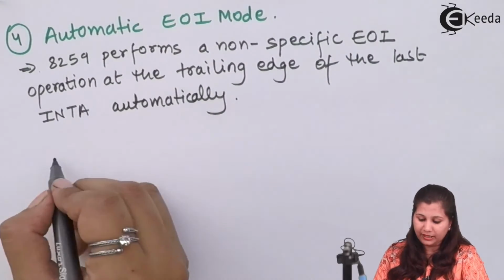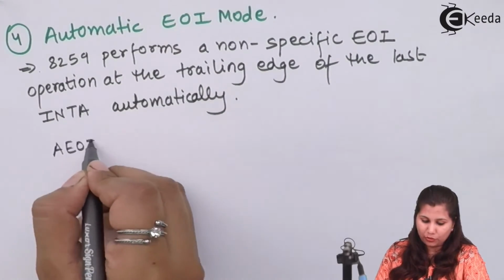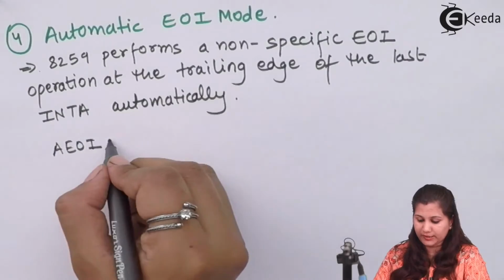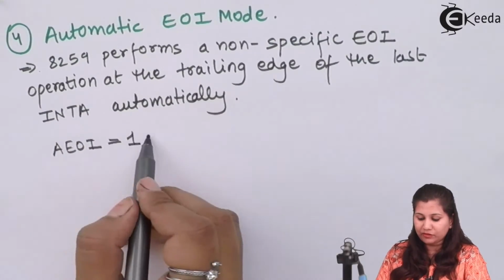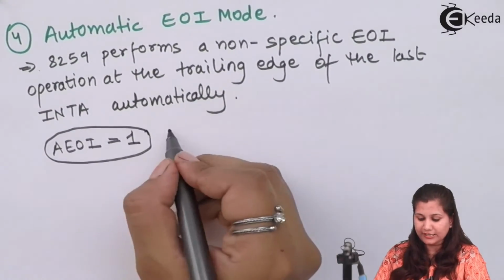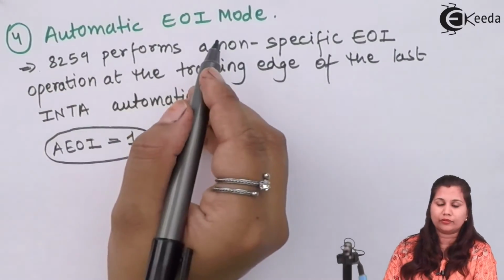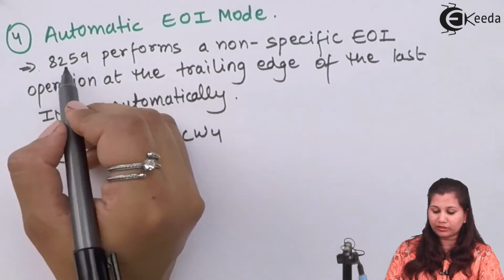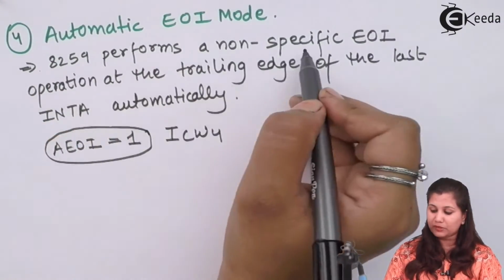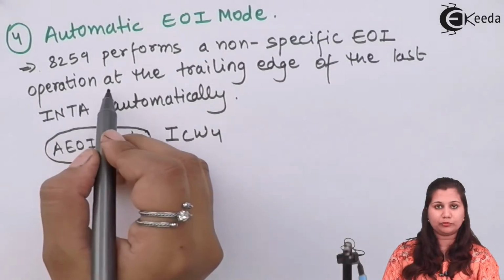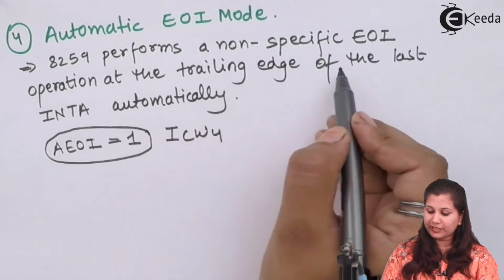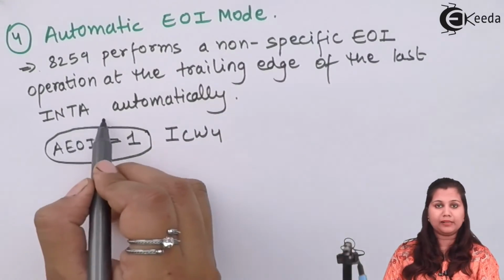When the AEOI bit of ICW4 is 1, that means if this bit is set in the initialization command word 4, then this mode is active. In this mode, the 8259 IC automatically performs a non-specific end of interrupt operation at the trailing edge of the last INTA pulse.